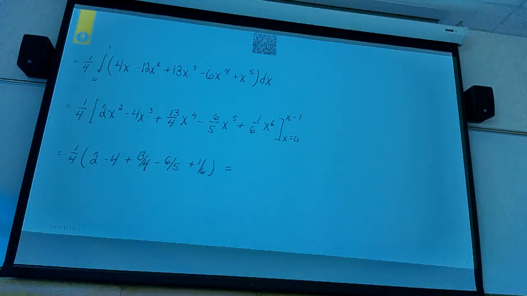What is that LCD? 60. Oh joy. Fractions is just so much fun.